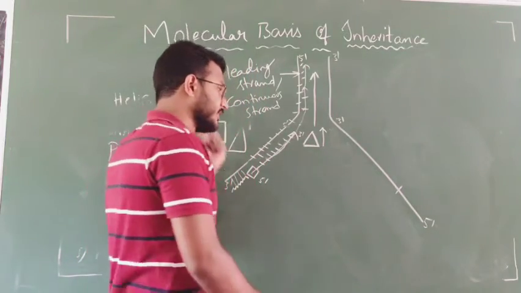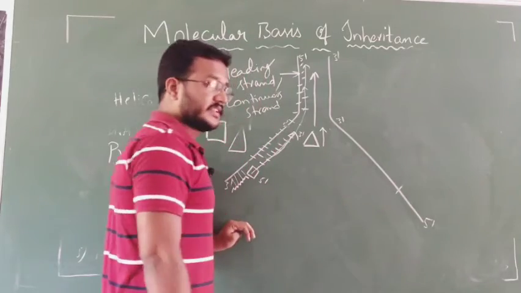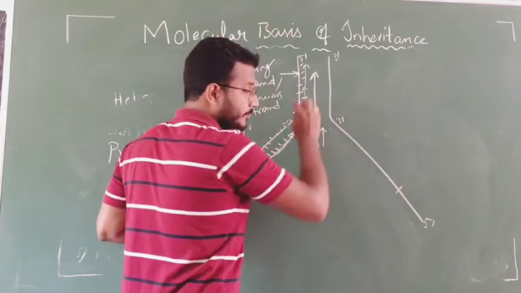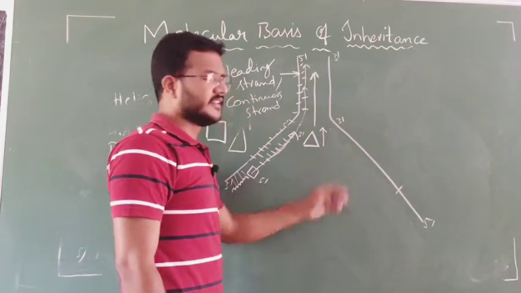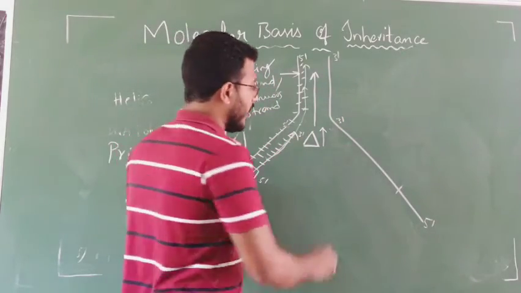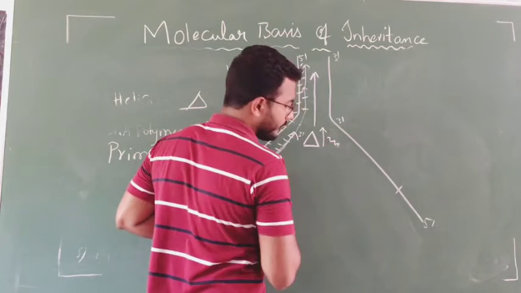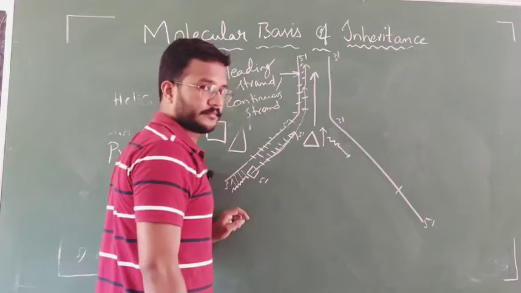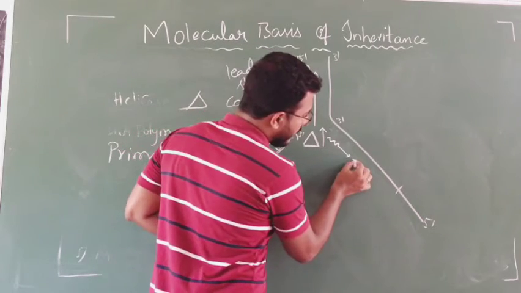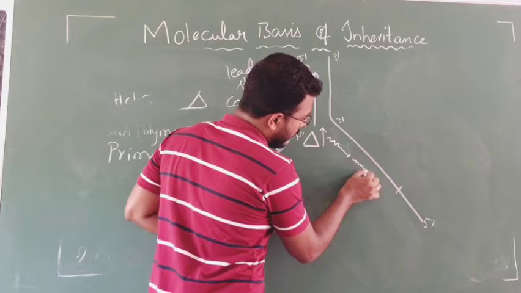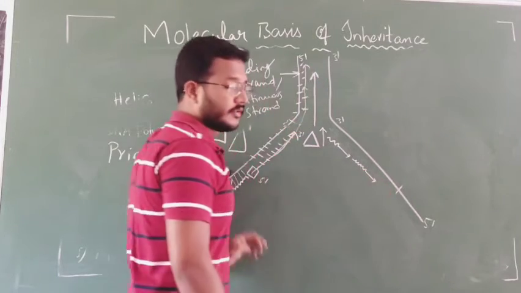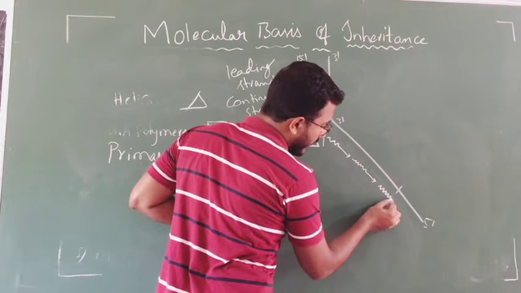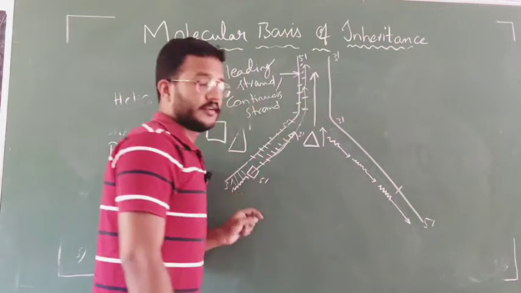So we will see. As a result of these opposite directions, the DNA helicase slowly unwinds this strand, and RNA primer will come here, and a little bit of DNA will be synthesized here. And again a new RNA primer will come, and again the strand is synthesized.